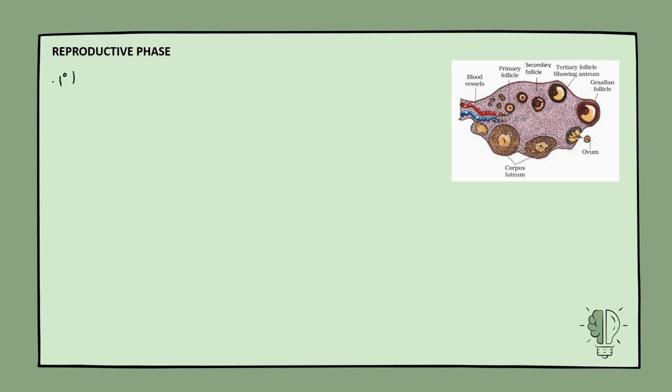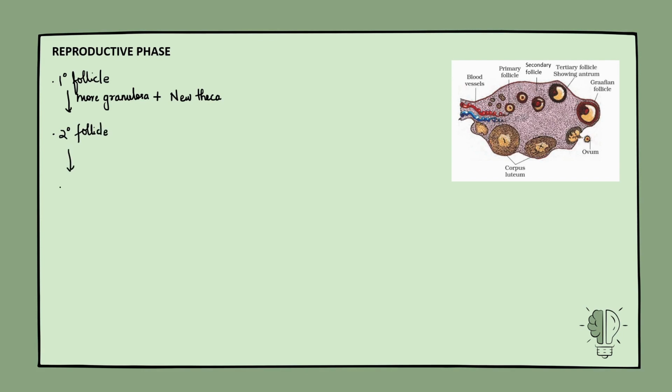So, we've learned that during the reproductive phase, the primary follicle gets surrounded by more granulosa cells and a new theca to form the secondary follicle.